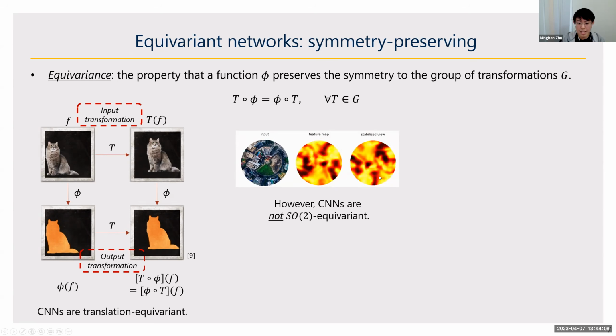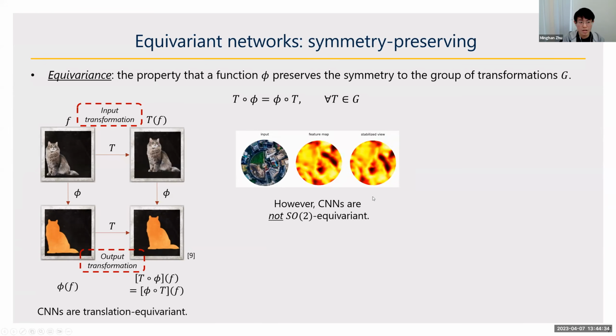Therefore, we know that the rotation of the input image is not equivalent to the rotation of the output feature map. Instead, the content is changed. Therefore, the network cannot learn reliable representations when the input goes through these rotational transformations. So that's a bad thing.